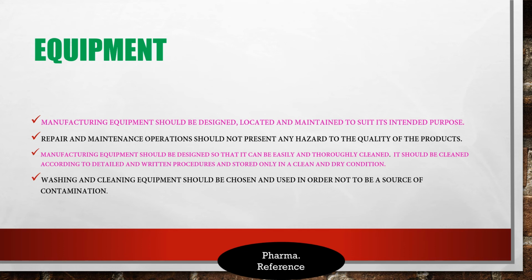It should be cleaned according to detailed and written procedures and stored only in a clean and dry condition. Washing and cleaning equipment should be chosen and used in order not to be a source of contamination.